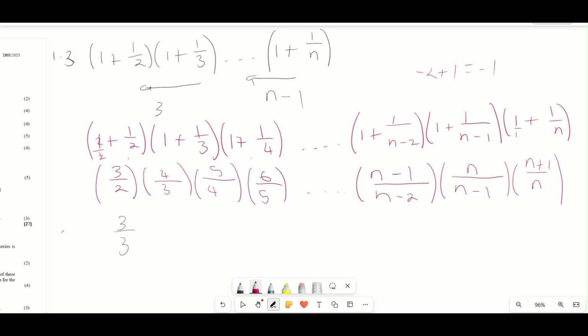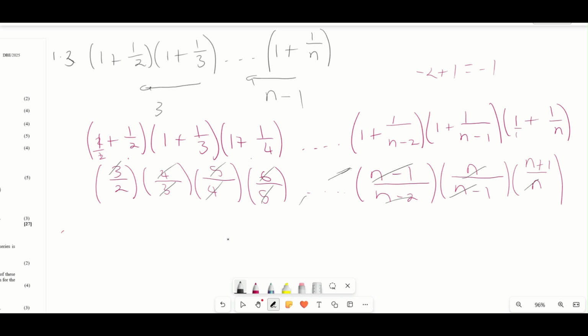So here you can see a pattern: this one is the first one here, so these two will cross cancel, this one will cross cancel with the one that's in the middle, this one will cross cancel with this one, and then this one with that one.